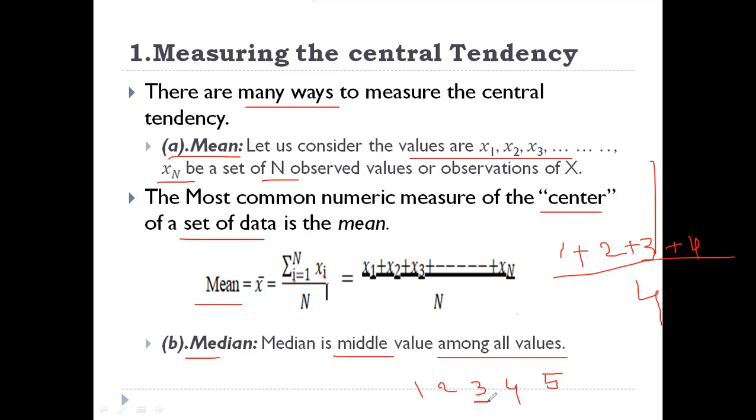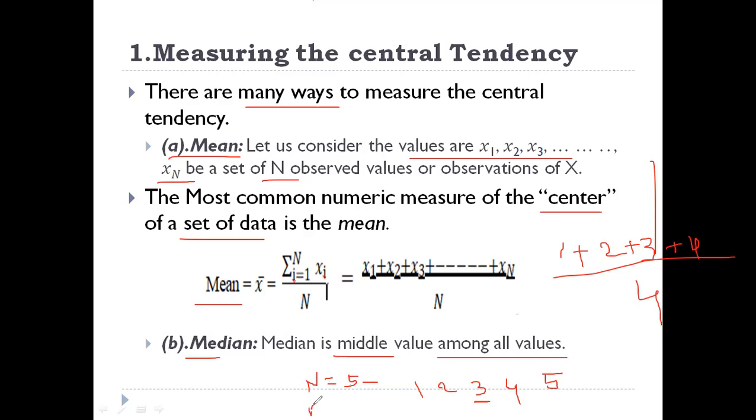For example, you may take n as an odd number. If n is an odd number, you can calculate directly. Here there are 5 values, so n equal to 5.